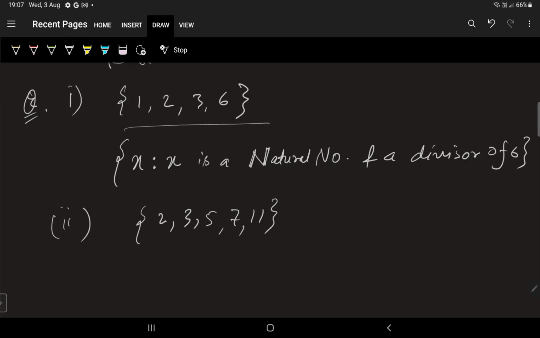Write down the set builder form. I've already given you the tabular form. Write down the set builder form. Wait, hurry. Tell me. Prime number. You understood. How can you define 2, 3, 5, 7, and 11? They are prime numbers. So you have written that.